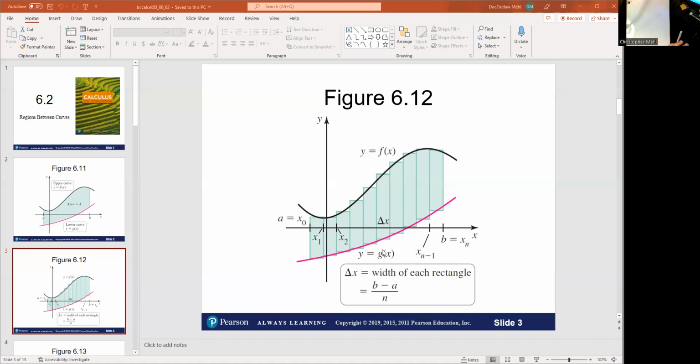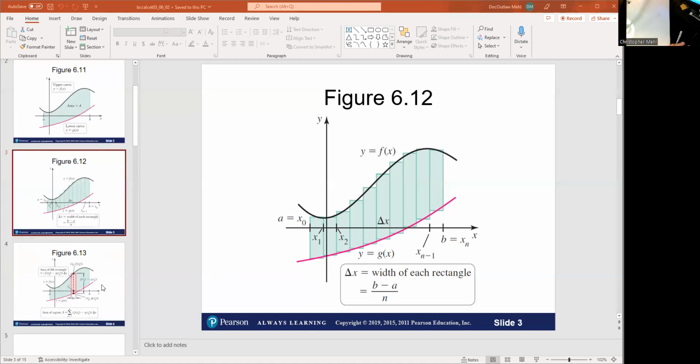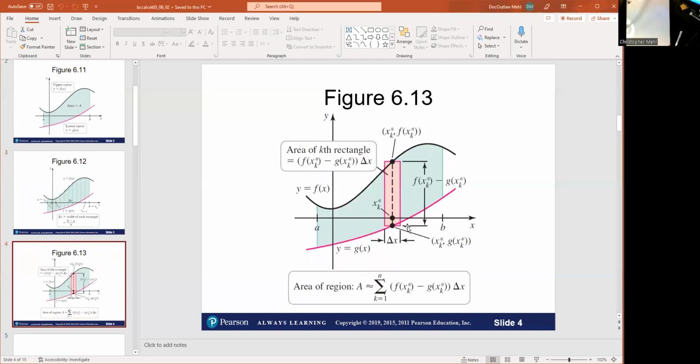To find the height, I'm going to pick a point xk star somewhere inside that subinterval, and evaluate f at that point and g at that point. So the height of the kth rectangle is the difference between f at xk star and g at xk star. So the area of the kth rectangle is f at xk star minus g at xk star, times delta x.